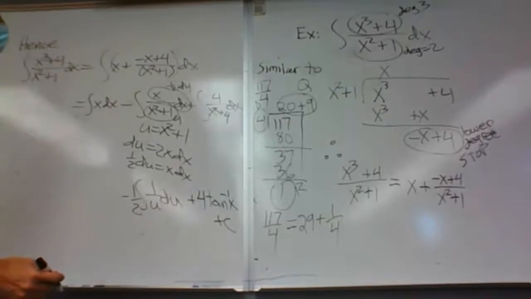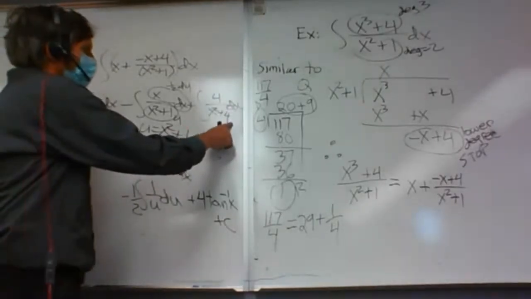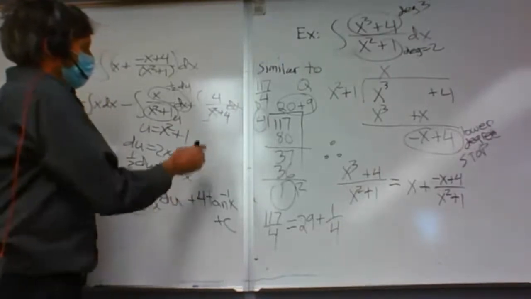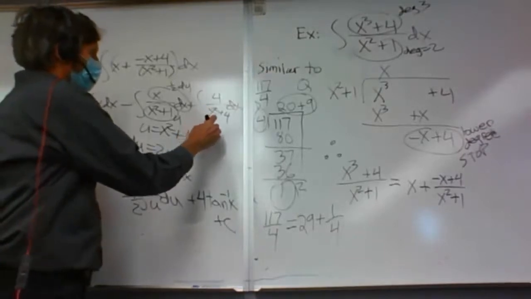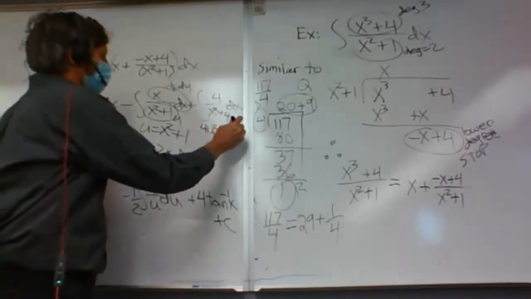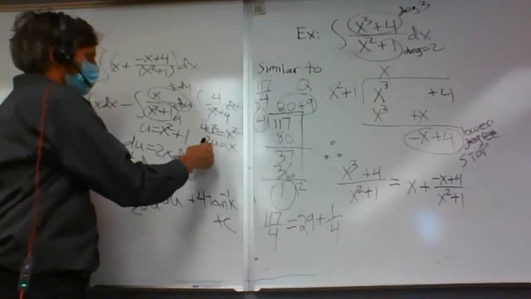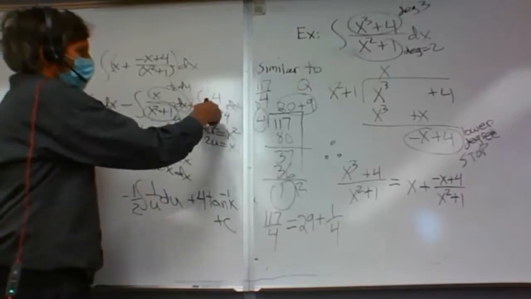What happens if I have 1 over x squared plus 4? What can I do? You can make that substitution since this is an x squared plus a squared: x equals 2 tangent theta. But what's even easier is just to let 4u squared equal x squared. So it must be that 2u equals x.